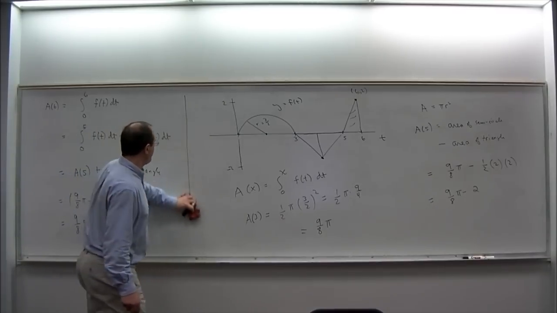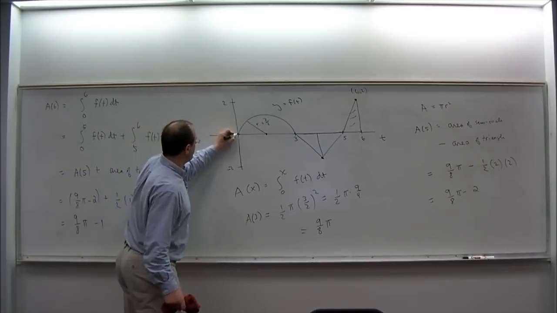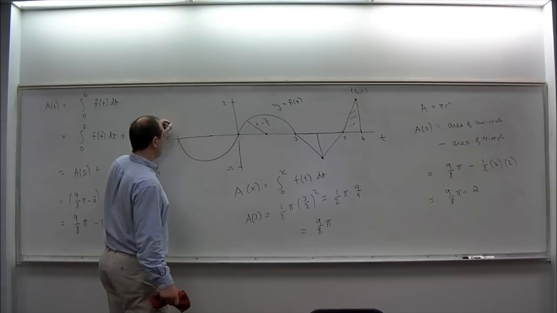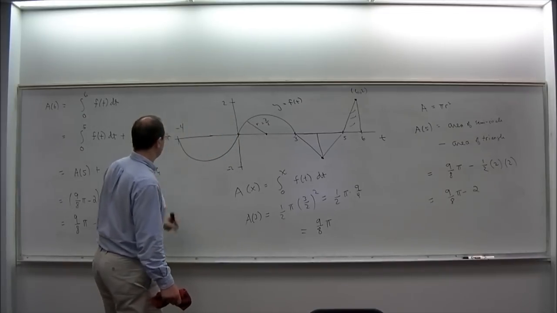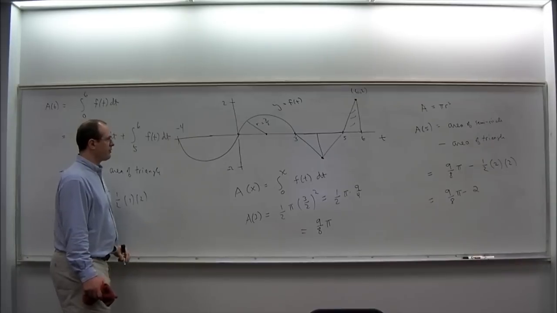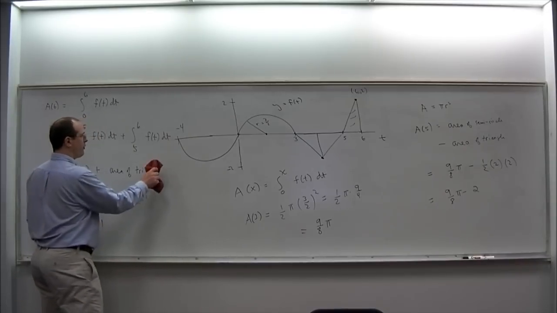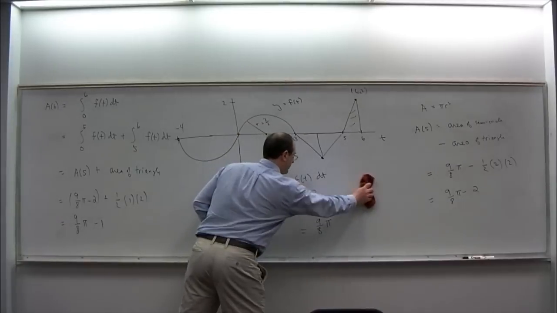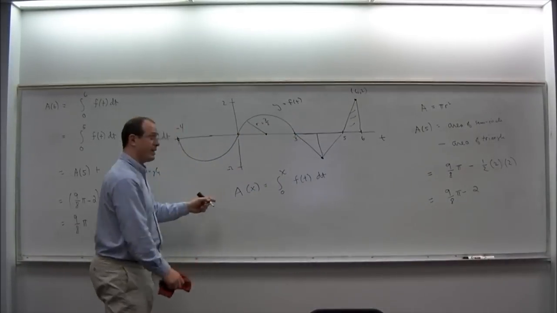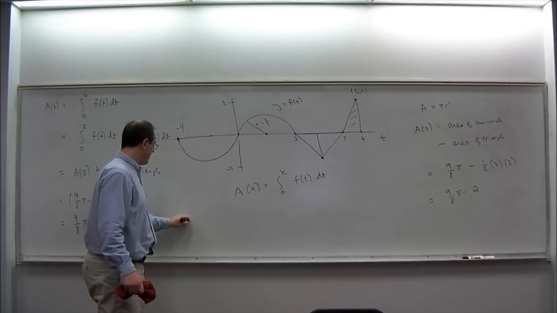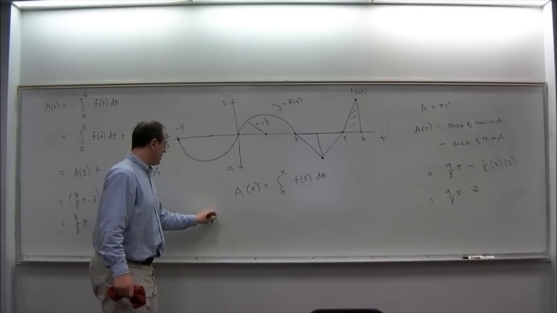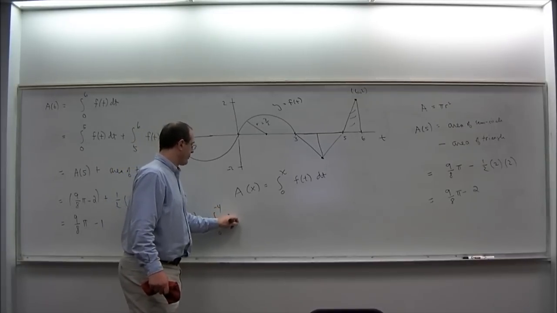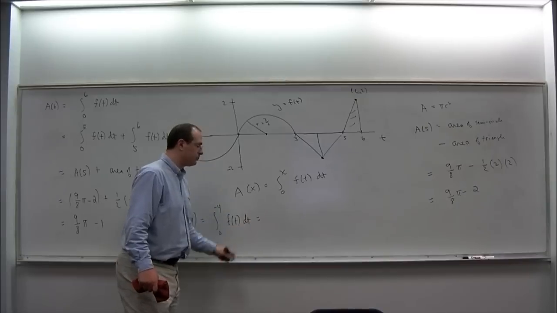And let me embellish this picture just a little bit. Let's draw another semicircle here that goes back to a little bit bigger, -4. And let's ask ourselves, what is A of -4? A of -4 would be the integral from 0 to -4 of f of t dt.